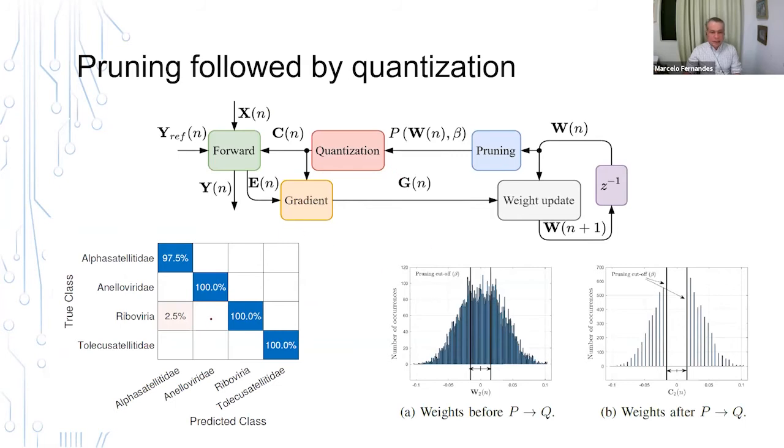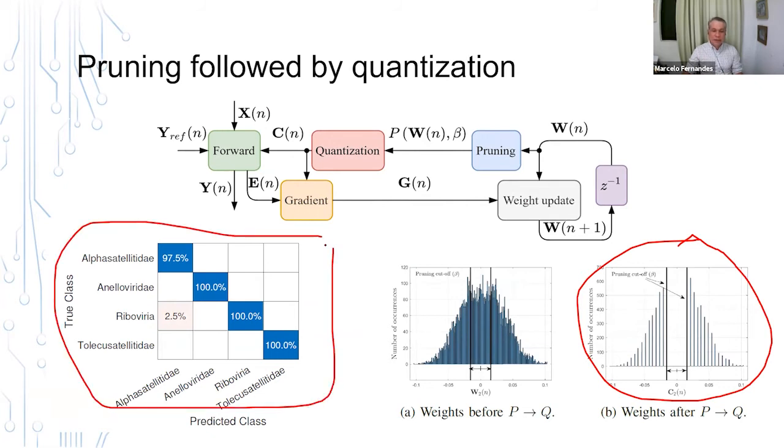This is another way that we can do pruning and quantization together. In this strategy, I'm using pruning followed by quantization. I can be more aggressive now because I can do both. These are the weights, and this is a confusion matrix.